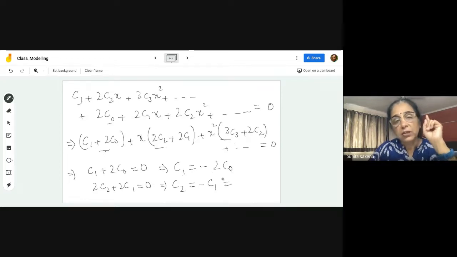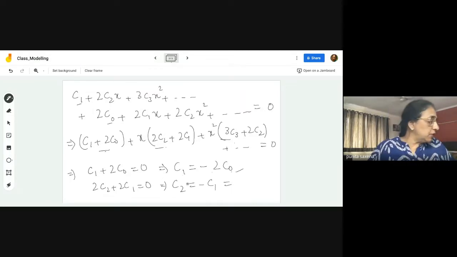So we express each cn in terms of c naught, so that I'll have only one arbitrary constant, c naught. So if my c2 is minus c1, then this is actually twice c naught.